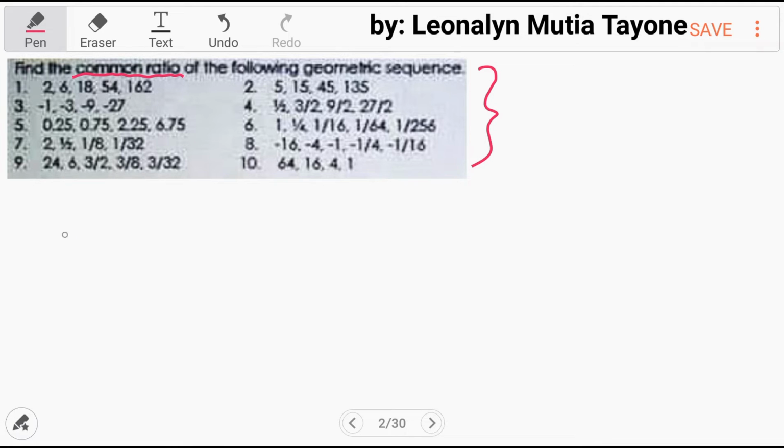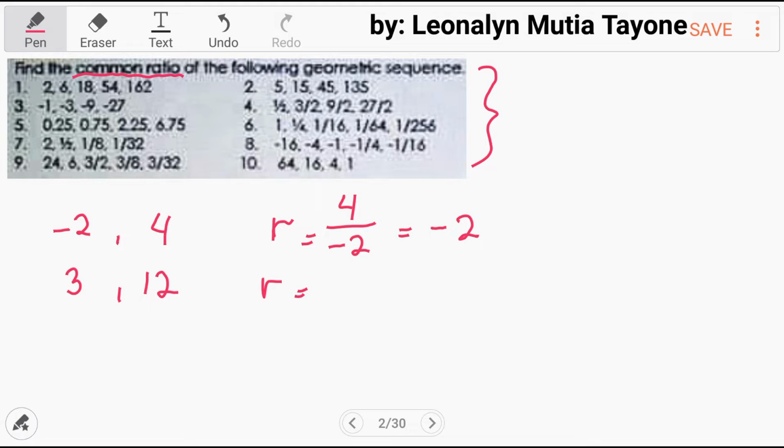Example muna. Between -2 and 4, ang ratio dyan ay 4 divided by -2, and that is -2. Next, the ratio between 3 and 12 ay i-divide mo lang yung next sa previous na number.